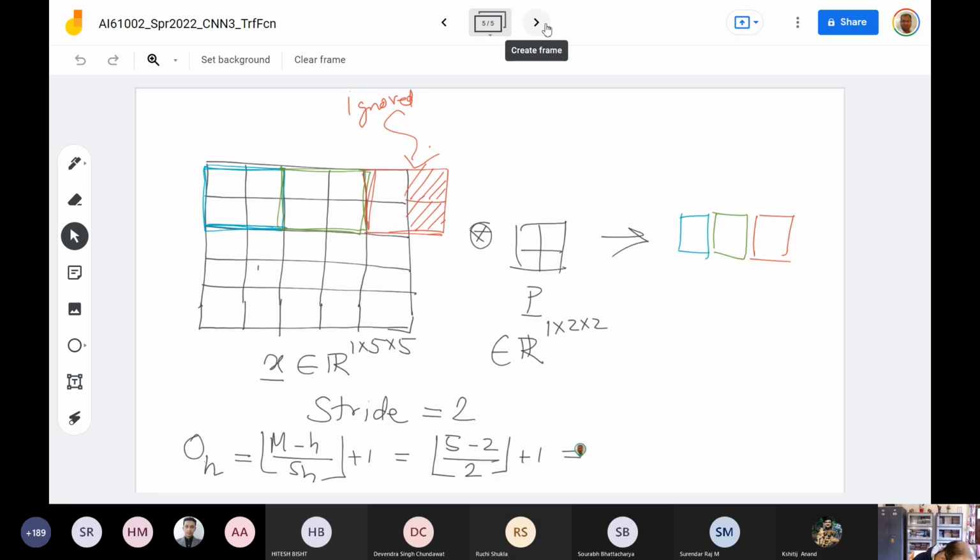So 5 minus 2 is 3 by 2. So 3 by 2 is 1.5. Oh, wait. If I am taking a floor, then it's actually ignoring. Yes, sir, then you were correct. So if this is ignored, now this is something we'll have to actually check with the libraries because different libraries consider it in different ways. Then this is ignored.